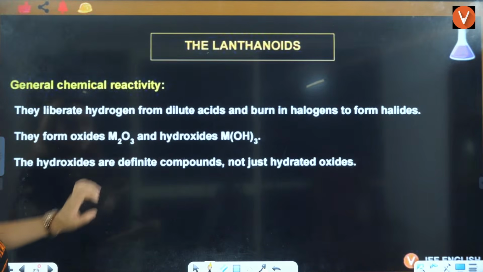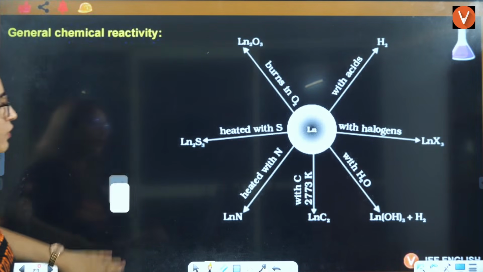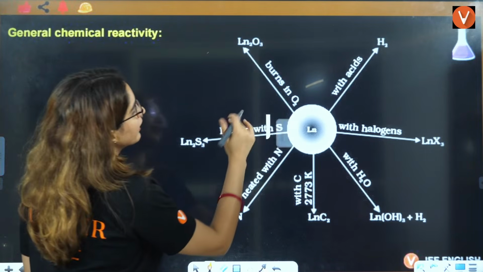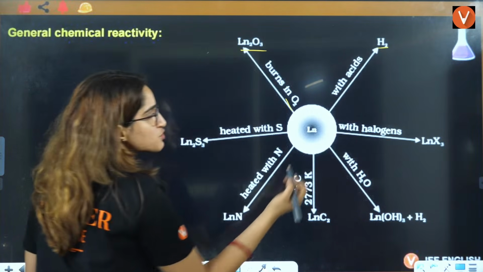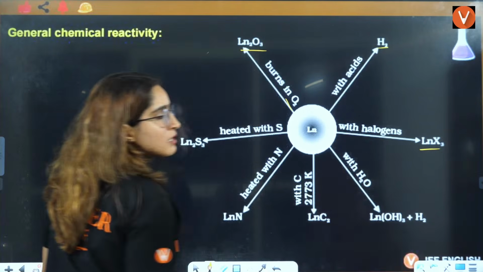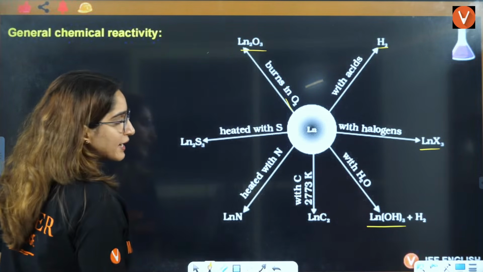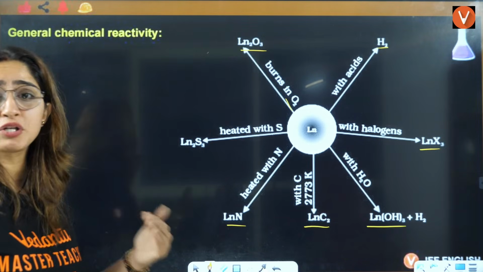So I'll show you a simple chart here. When heated with sulfur, it forms sulfide. Heated with oxygen, it forms oxide. Heated with acid, it forms hydrogen. With halogen, it forms halides. With water, it can form hydroxides. With carbon, it can form carbides. With nitrogen, it can form nitride.